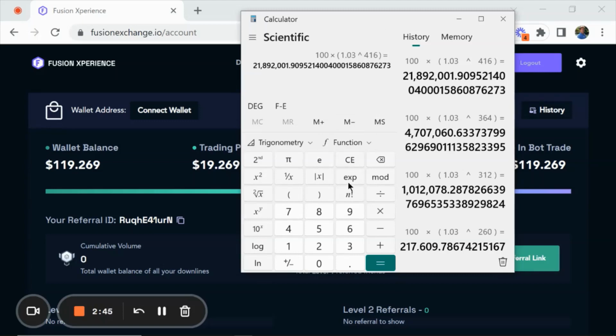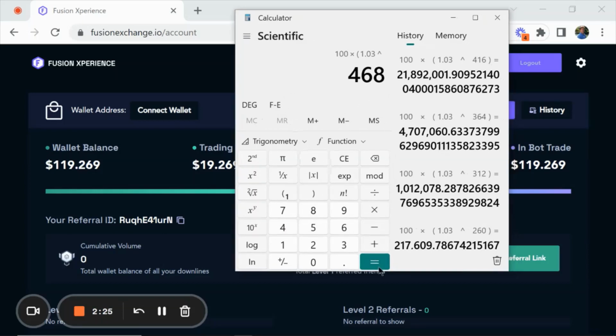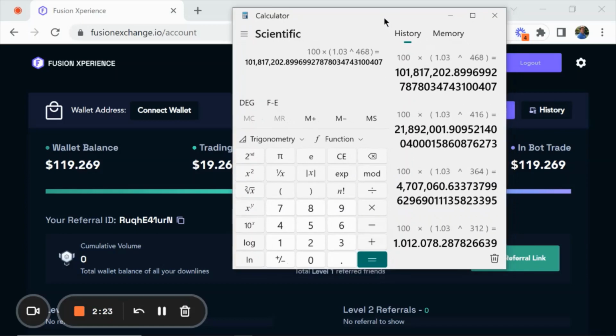And let's go ahead and do it out for two more years. We'll go for the nine years. $100 at 3% at 9 years is 468 terms or weeks in this example, and you would end up with $101,817,202.